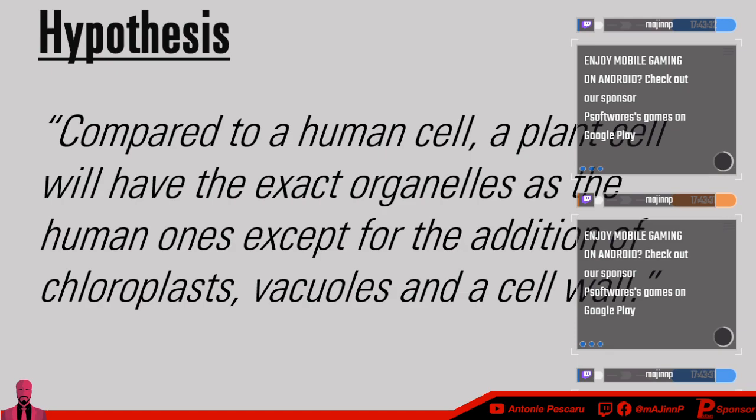And that's what the cell walls are there for as well, to keep it from just exploding. And the vacuole is also really good for that, because the more water it takes in, it just doesn't explode in the end. And then finally we move on to the cell wall.